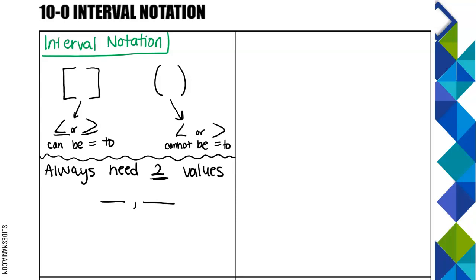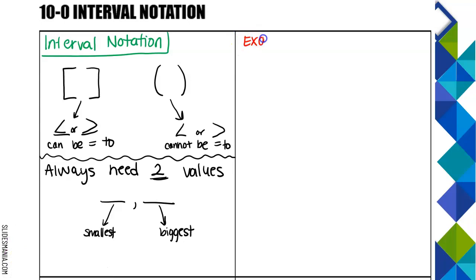And again, you can mix and match those. The first value is always the smallest that you can be, and the second one is always the biggest that you can be. And the order is really important that you write those in. If you have negative infinity as the biggest value, that's impossible. So you always have to have the smallest and then the biggest.